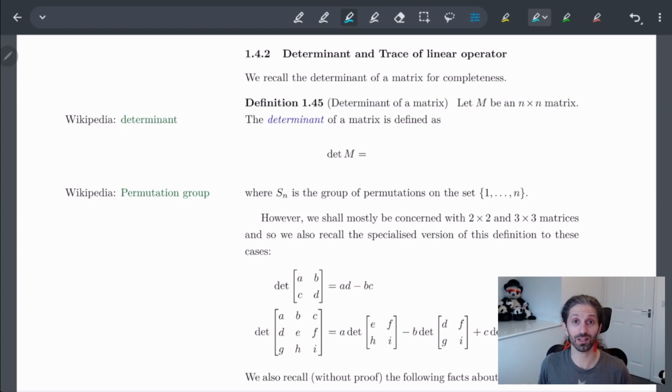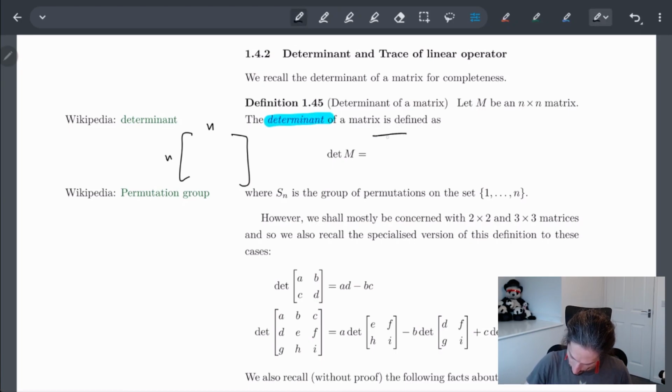Okay, so first we're going to define what a determinant is. If we start off with some n by n matrix, the determinant of the matrix is defined by this nasty fun little formula. Here we're going to take the sum over all the permutations in the group of permutations.